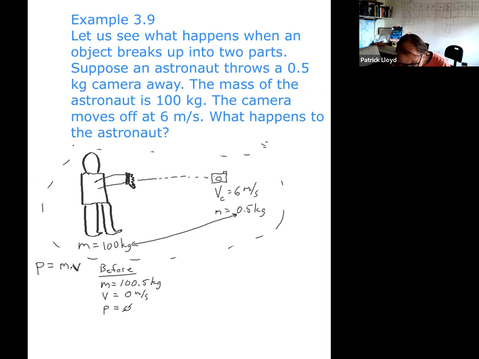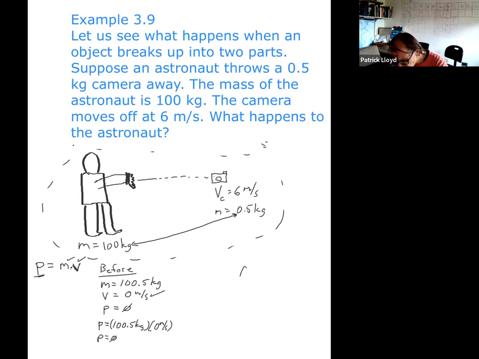Well, there's a mass, 100.5 kilograms, but the velocity of the astronaut and the camera is 0. There's no speed. Therefore, because the speed is 0, the momentum is going to be 0 as well. So we would say the momentum is 100.5 kilograms times 0 meters per second. Well, that's going to be 0.